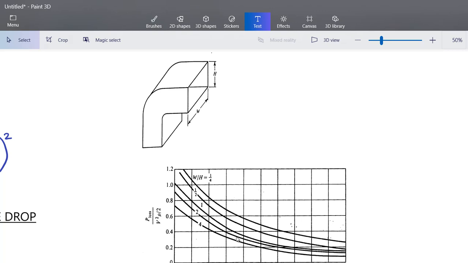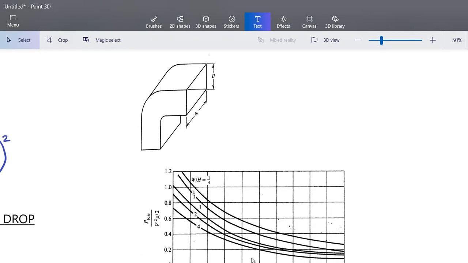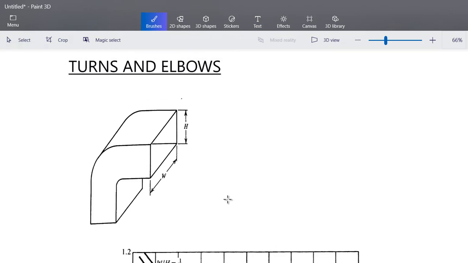Iba ito. So let's say this one. So we have your curve W over H. So that is the ratio of this one to this one. So we have the value of 1/4. So ang sinasabi niya dito na inner and outer radius. So if we're going to draw your duct on the side view, usually magiging itsura niya is parang ganito, diba?